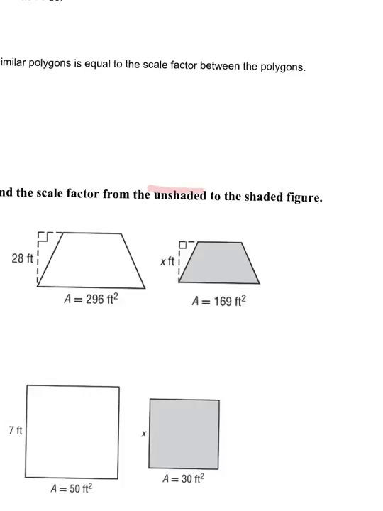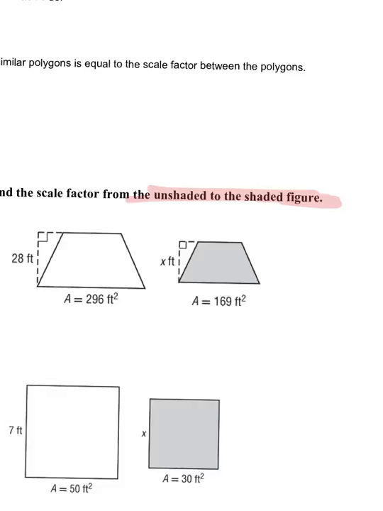This is key right here. From the unshaded to the shaded, okay? So when I set these up, this tells me what's going to go on top and what goes on the bottom. So the unshaded is going to be my numerator, and the shaded will be my denominator.